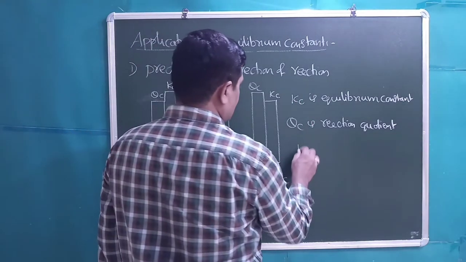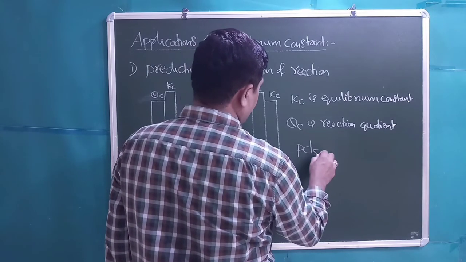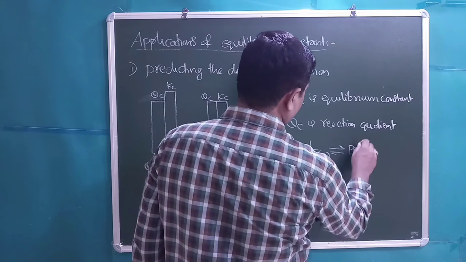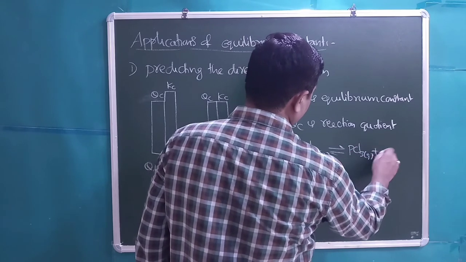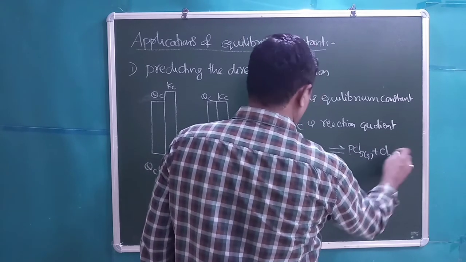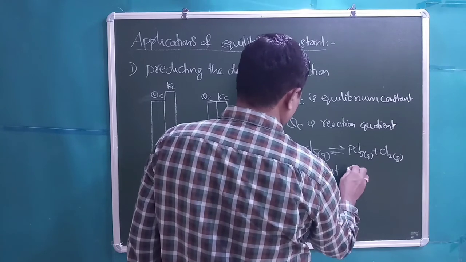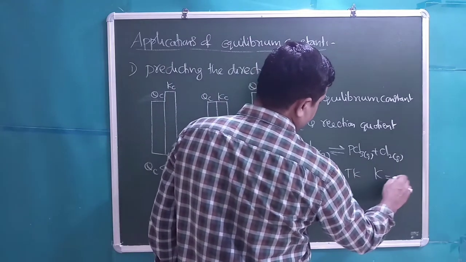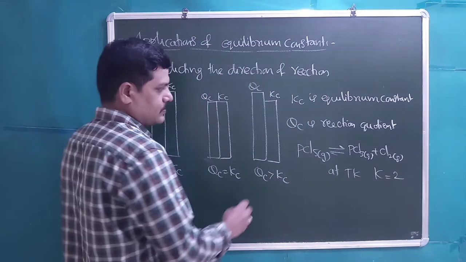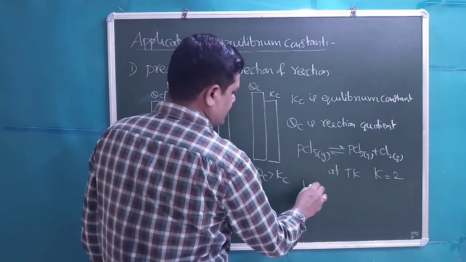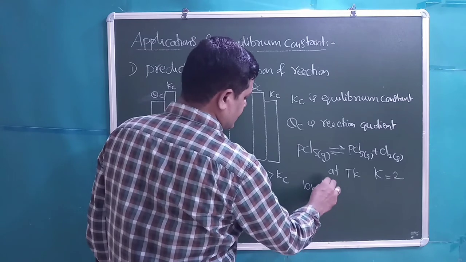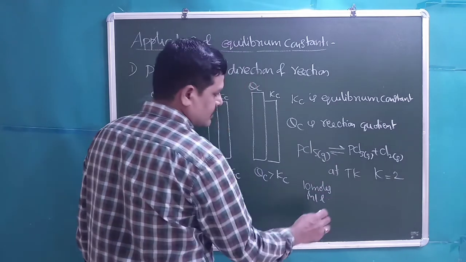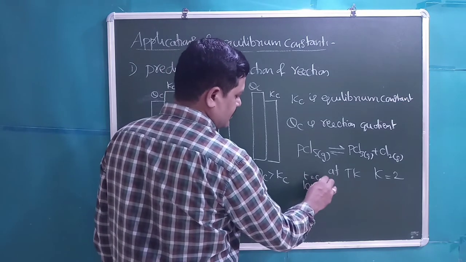Let us consider PCl5 decomposition. PCl5 gas gives rise to PCl3 gas plus Cl2 gas. Let us assume that at T Kelvin, at a particular temperature, the equilibrium constant for this reaction is 2. Initially we start the reaction by taking 10 moles of PCl5 in a 1 liter vessel, at time t equal to 0.